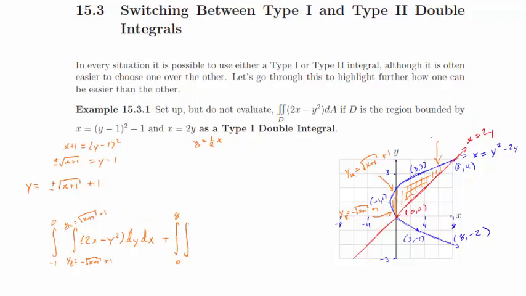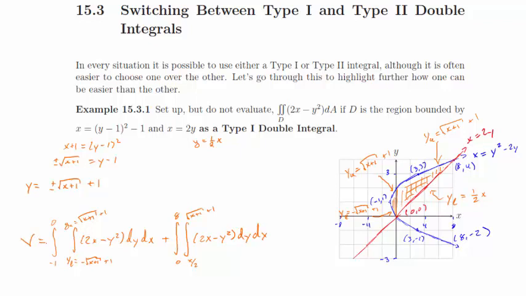So for the second region, the upper boundary for y is still a positive square root of x plus 1 inside the square root plus 1 outside the square root, but now the lower boundary for my y values is going to equal 1/2 x, or x over 2 is maybe a better way to write that. And my upper is the square root of x plus 1 plus 1. The z values that we're integrating over are 2x minus y squared. And we're doing dy first, dx second.